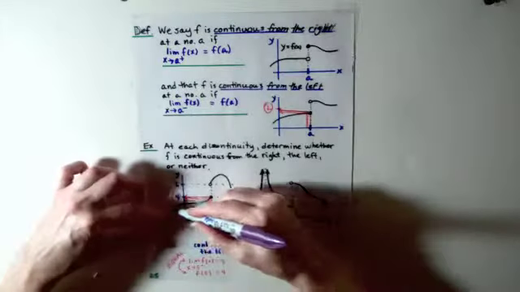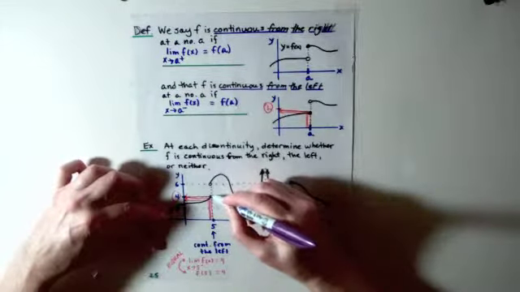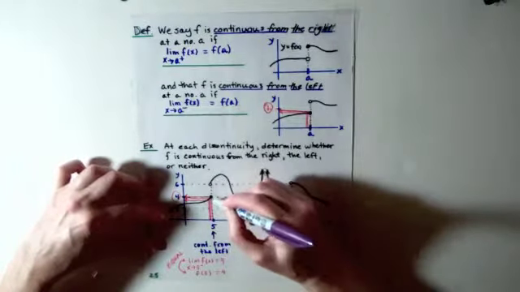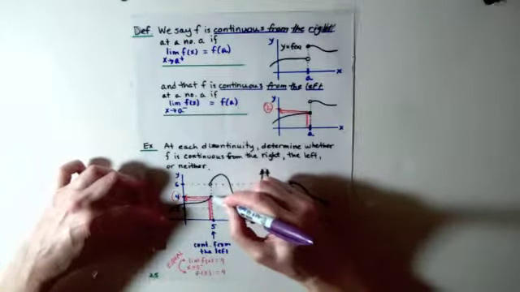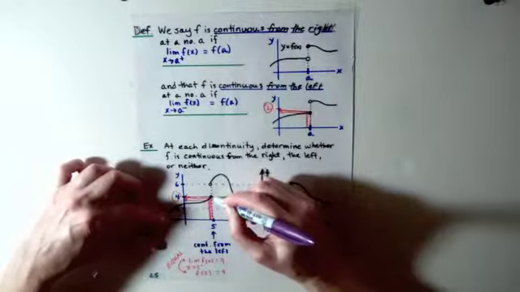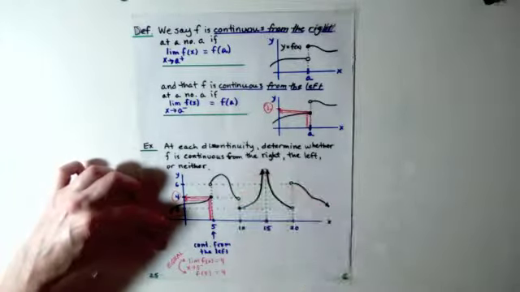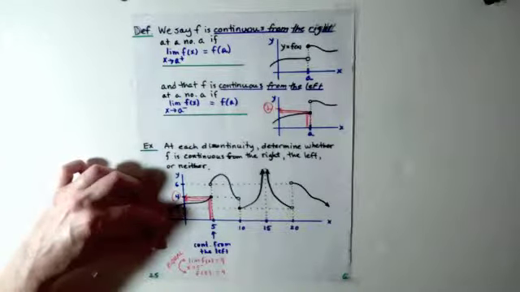But in terms of the graph, you can just look and see whether or not this left chunk of the graph has a solid dot at the end, meaning that the point is right here, and then you can say, yeah, that's continuous from the left at x equal 5.